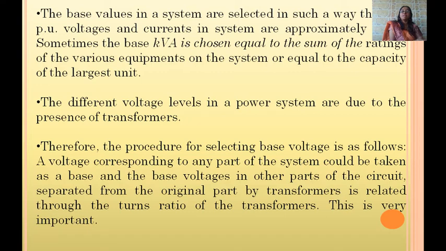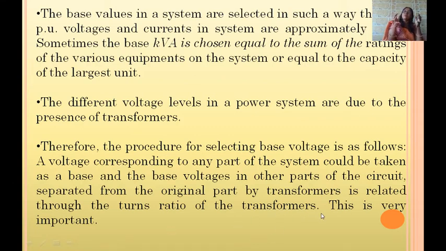The different voltage levels in the power system are due to the presence of transformers. Therefore, the procedure for selecting base voltages is as follows. A voltage corresponding to any part of the system could be taken as the base, and the base voltage in the other part of the circuit, separated from the original part by a transformer, is related to the turns ratio of the transformer.